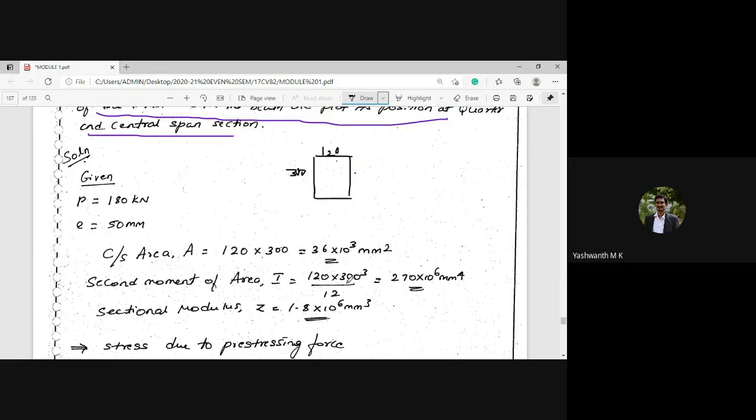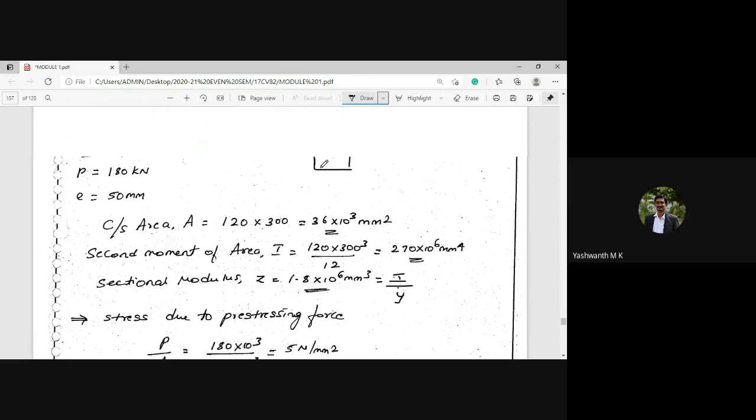Then moment of inertia, same thing, BD cube by 12, no change. Z is equal to I divided by Y, where Y is 150 because the central axis lies at the center.